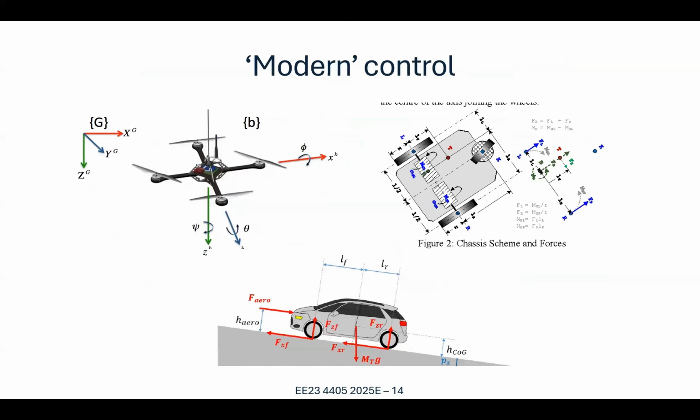All right, so here are some examples of modern control. We model things like drones, the differential drive mobile robot, and the autonomous vehicle.